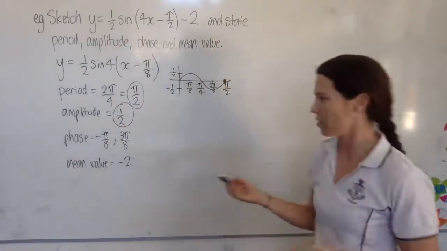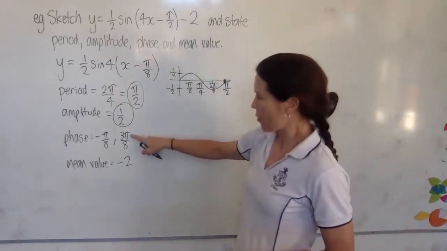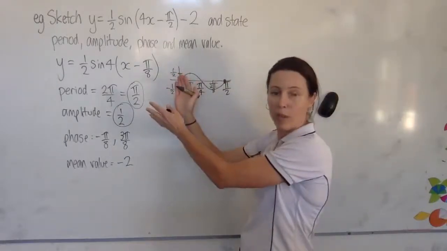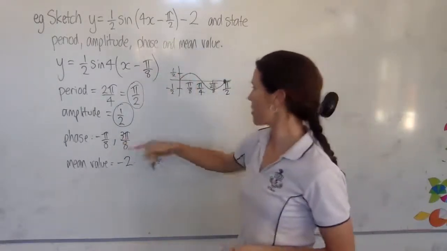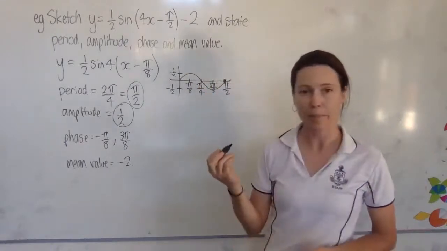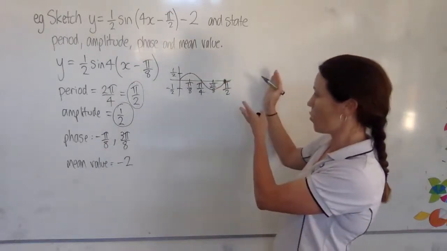So that's the right order to do things. Now, if I move left 3 pi on 8, all of my key points will move along 3/8 of pi. And this is sort of handy because I've done it in 8s, haven't I? Each one of these is an 1/8. I'm thinking it might be easier to think of it as just moving right 1/8.